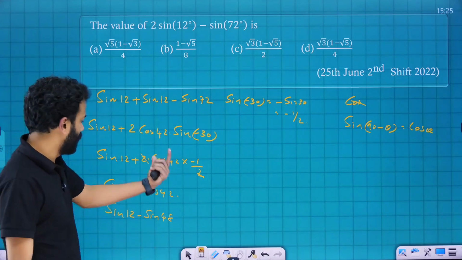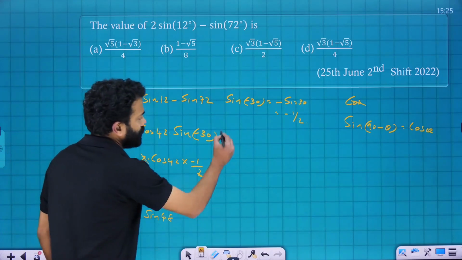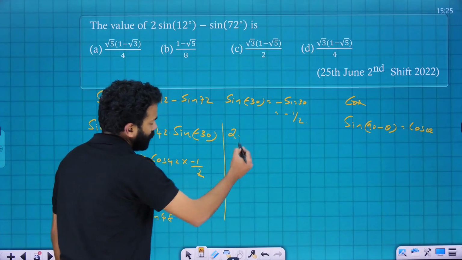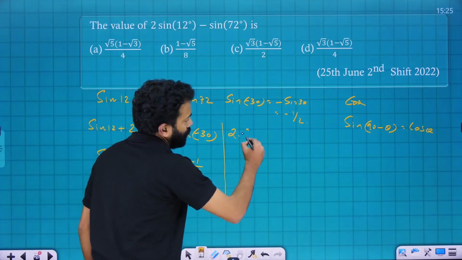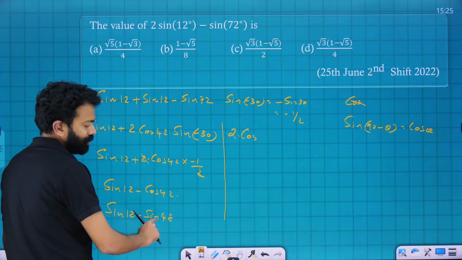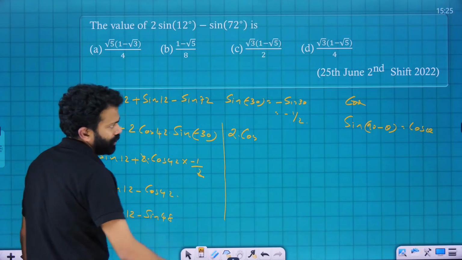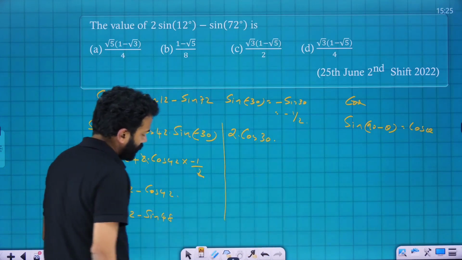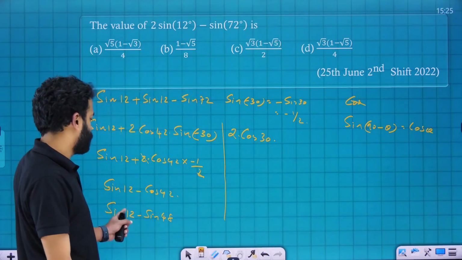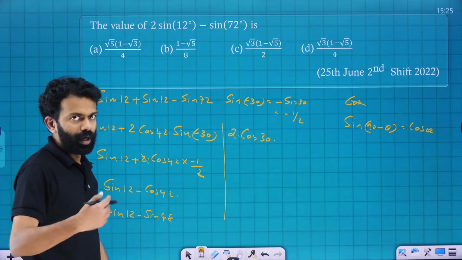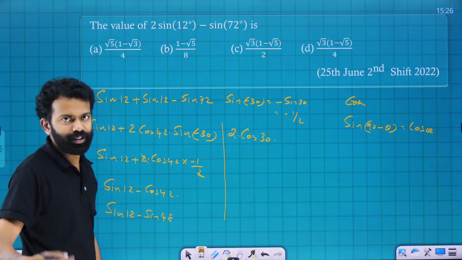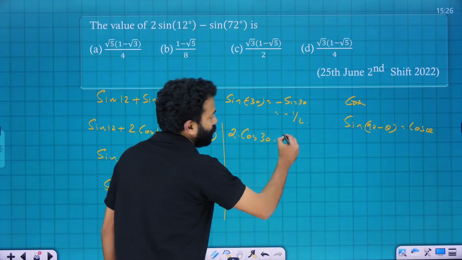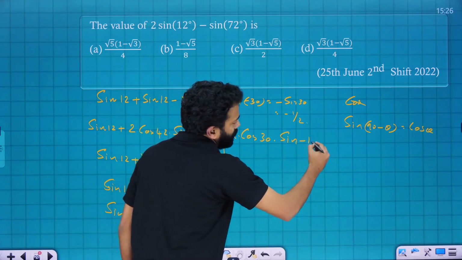Then we can use the formula again, sine x minus sine y is 2 into cos x plus y by 2, that is cos 12 plus 48 by 2, that is cos 60 by 2, cos 30, into sine x minus y by 2. What is 12 minus 48? Minus 36. And minus 36 by 2 is minus 18. Therefore, it will be sine minus 18.